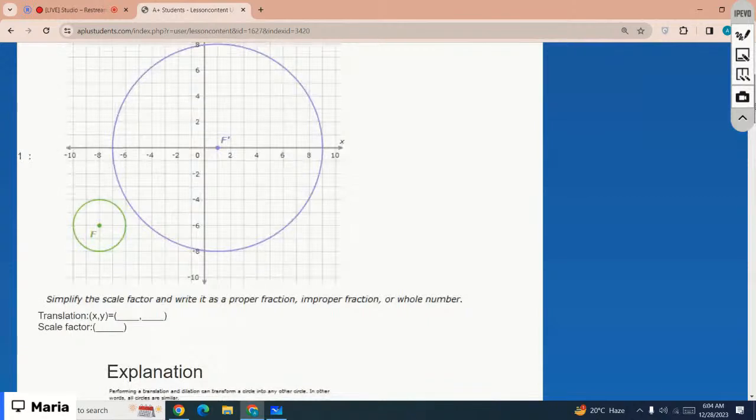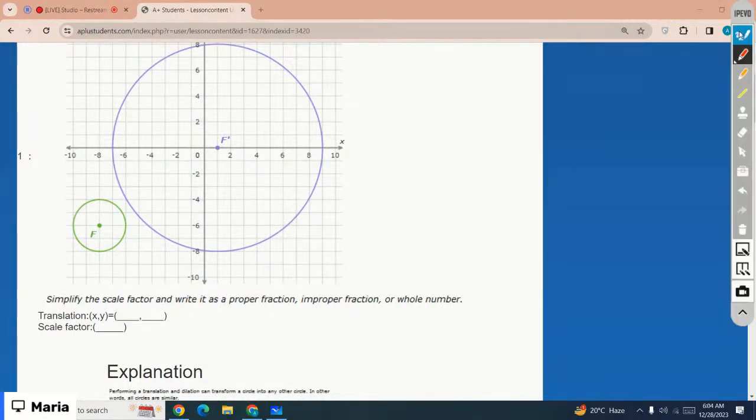So how do you translate from F to F dash? Here is F and here is F dash. The center of F is (-8, -6), right? Now the center of F dash is x is 1 and y is 0.